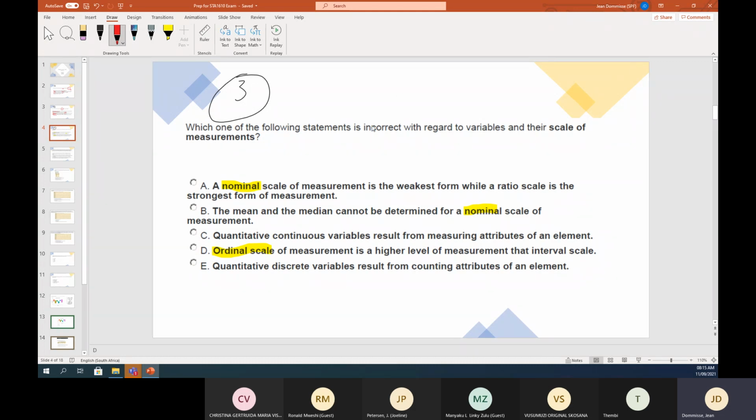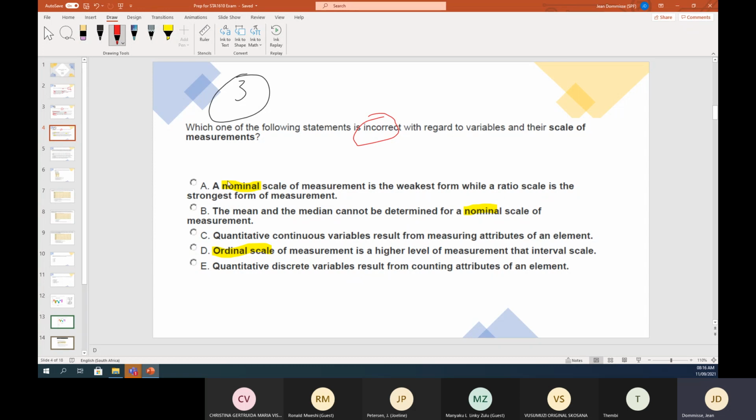Okay, so probably again incorrect. Which one of the following statements is incorrect with regard to variables and the scale of measurements? A nominal scale of measurement is the weakest form, while a ratio scale is the strongest form.